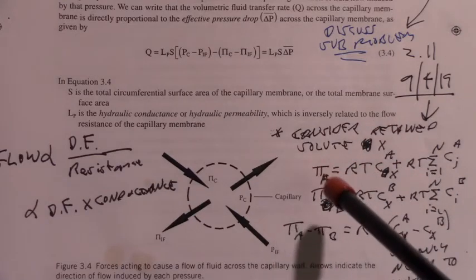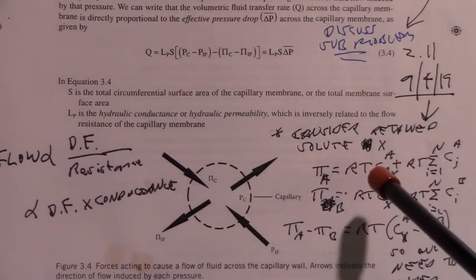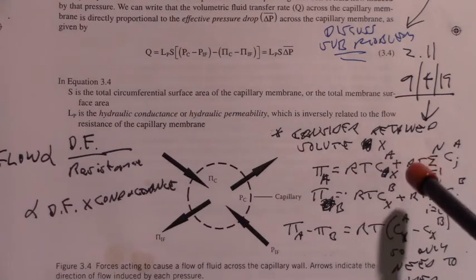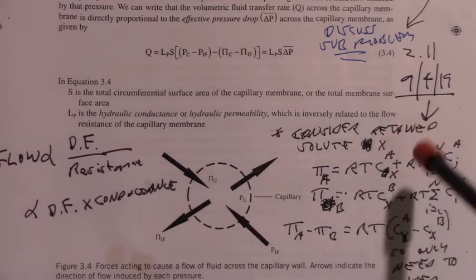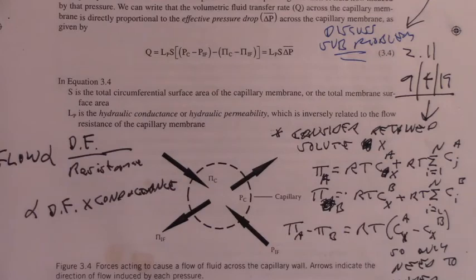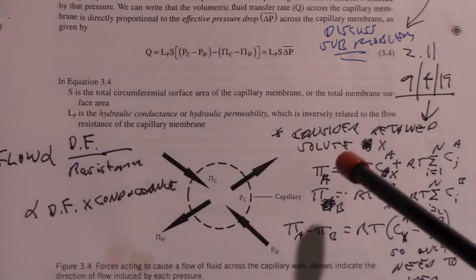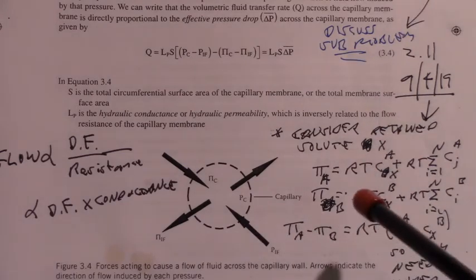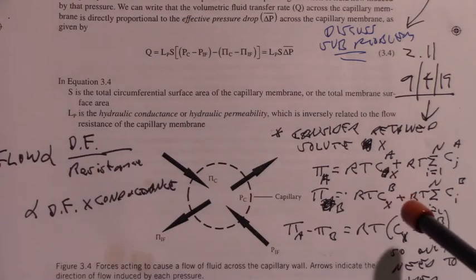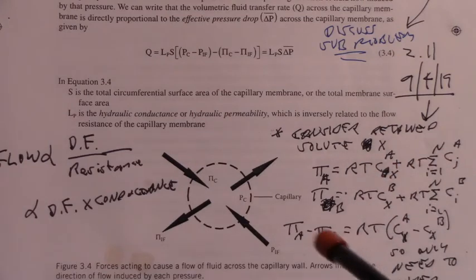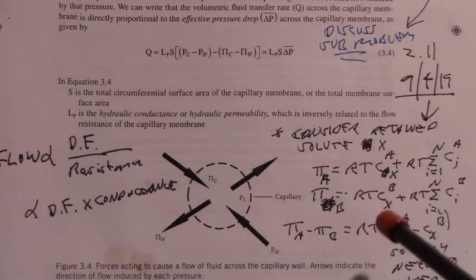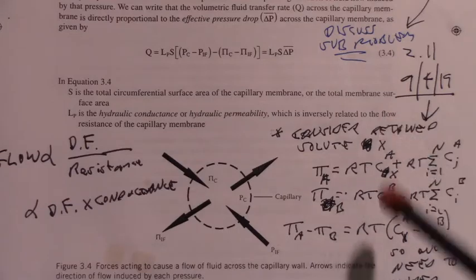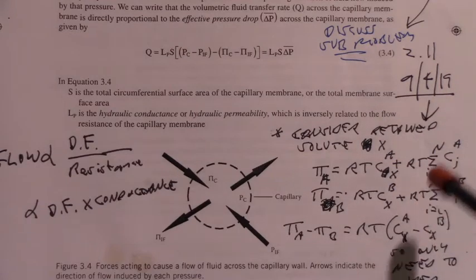On the A side of the membrane, the osmotic pressure would be RT times Cx on the A side plus RT times the sum of all the other solutes. This summation sign is for everybody that freely crosses the membrane, but we account for them in calculating the osmotic pressure on side A. On side B, it'd be the same calculation, but now on the B side. Now pi A minus pi B is going to equal RT times the difference in these concentrations, and you can see these terms cancel one another out.